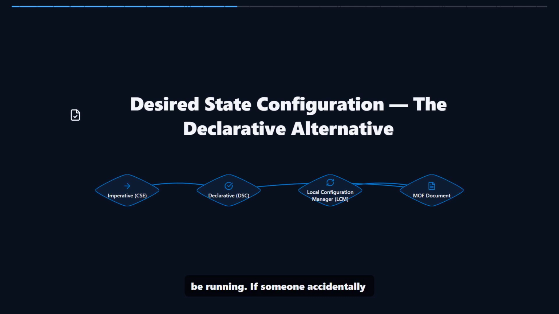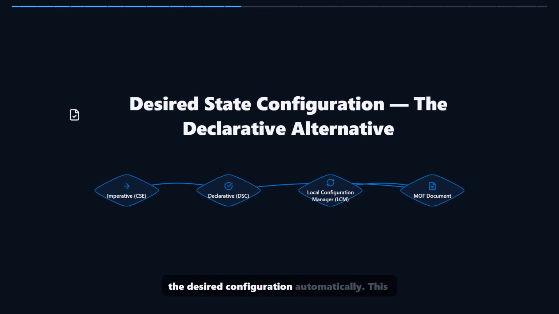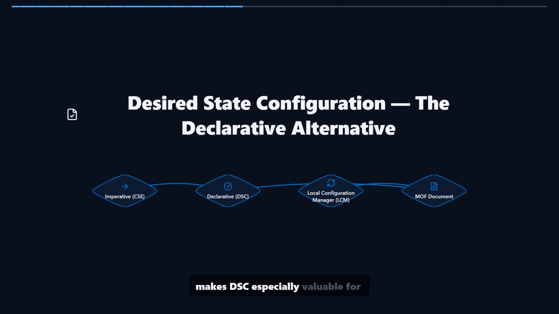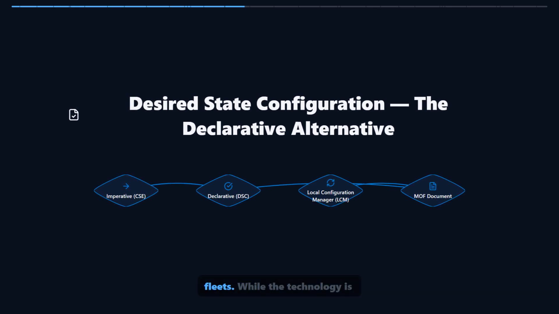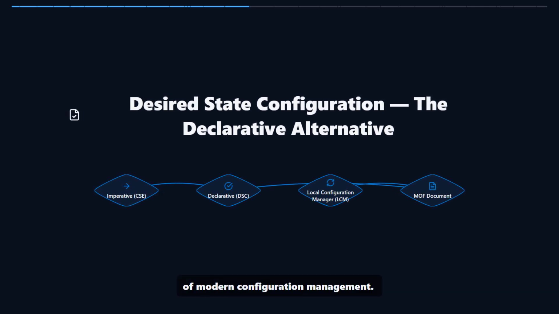If someone accidentally removes IIS or stops the service, the Local Configuration Manager detects the drift and restores the desired configuration automatically. This makes DSC especially valuable for enforcing consistency across large server fleets. While the technology is approaching retirement, understanding its declarative model helps explain the evolution of modern configuration management.